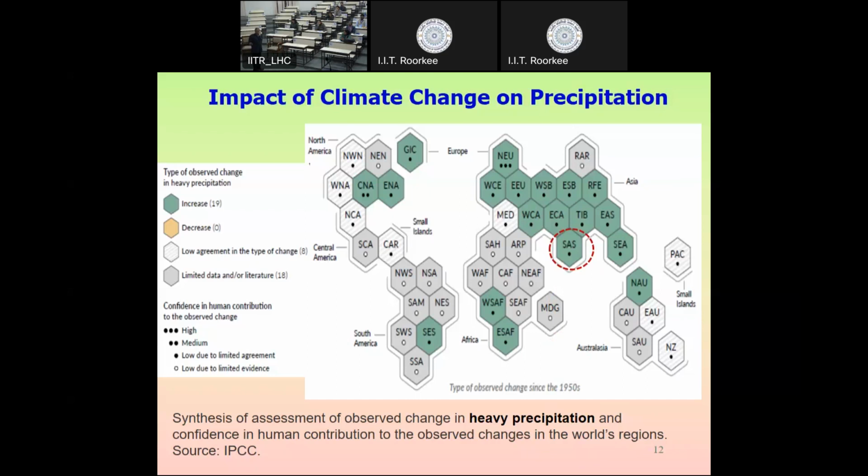There are places where all the dots are filled, that means there is very high confidence. There are boxes where these dots are not filled, which is low due to limited experience. So confidence is low. Anyway, for our region, let us again understand that precipitation is going to increase, but we have low confidence because there is limited agreement with the model.